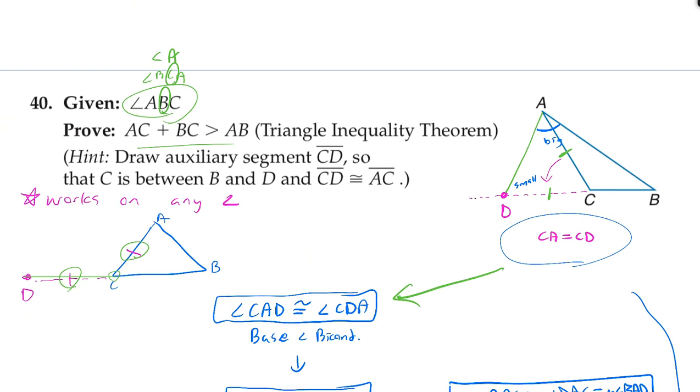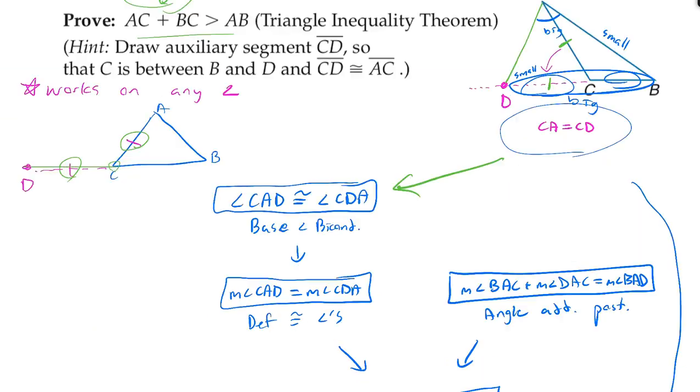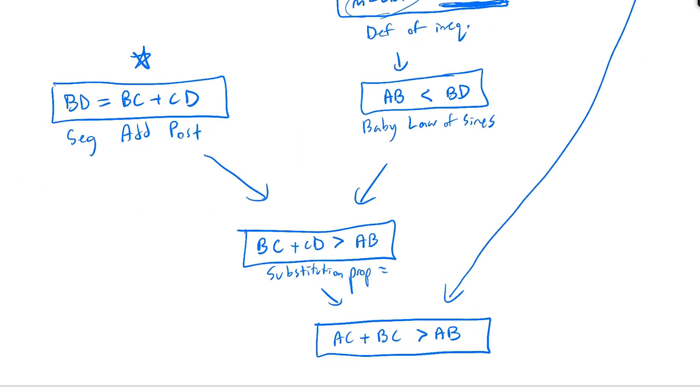So we know this plus this is equal to the whole segment, which we wrote right there, and then we could do some substitution and replace this BD with this, because that's the same as BD.